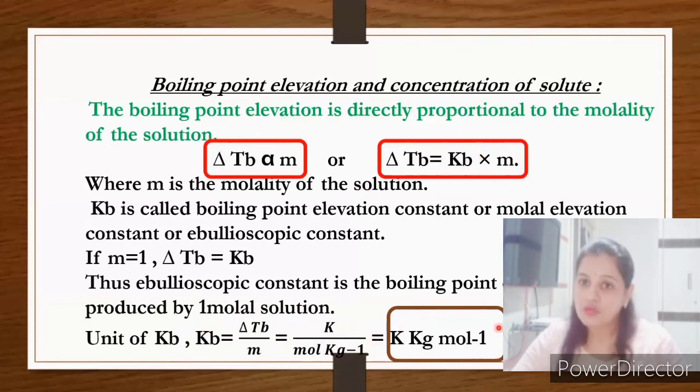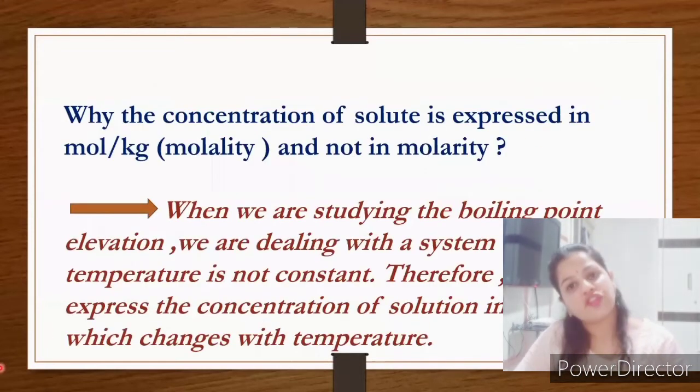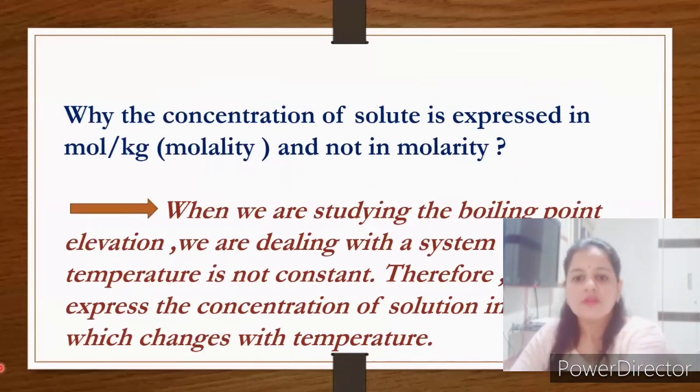Molality is the number of moles present in 1 kg of the solvent, so its unit is mole per kg. Hence the total unit for this Kb will become Kelvin kg per mole or degree Celsius kg per mole. Okay, so this is all about boiling point elevation and concentration of the solute.